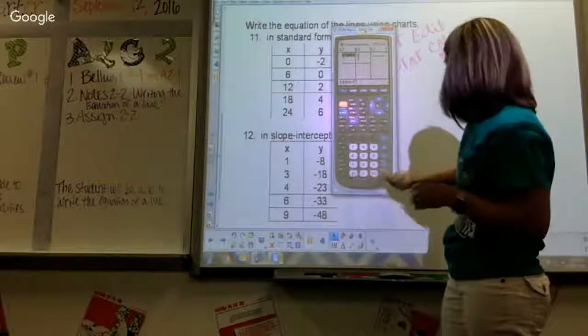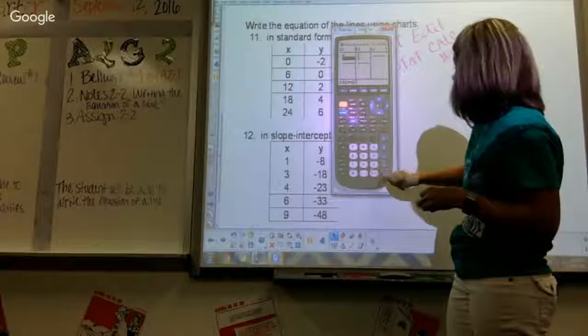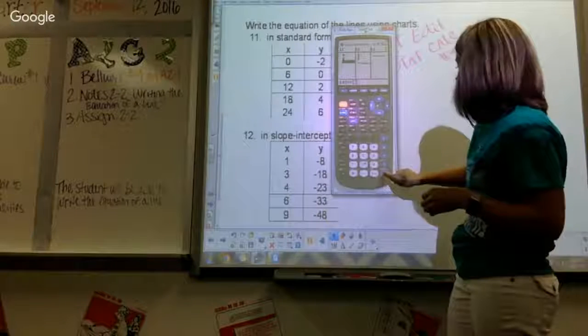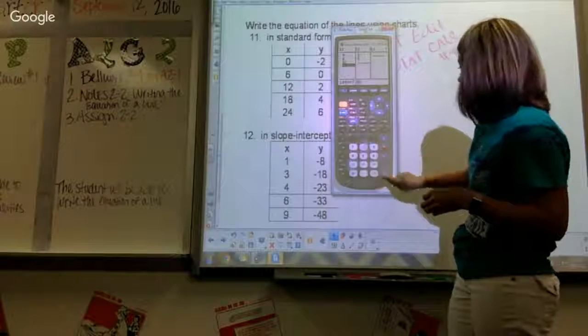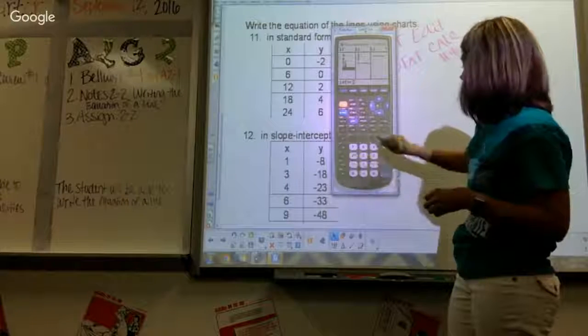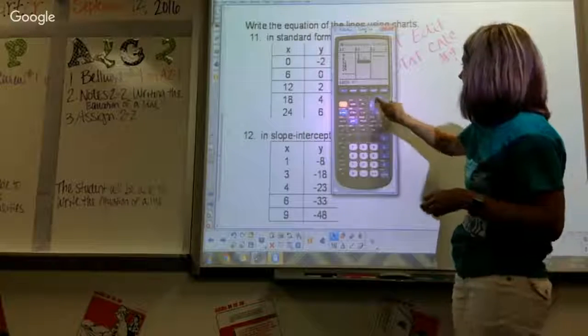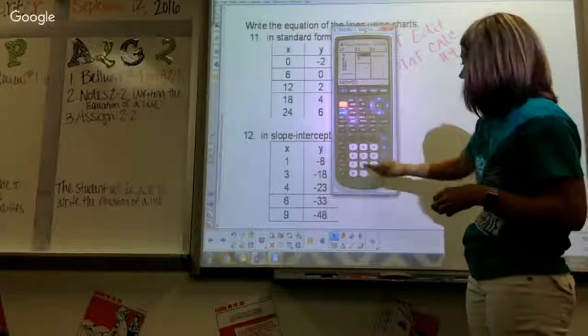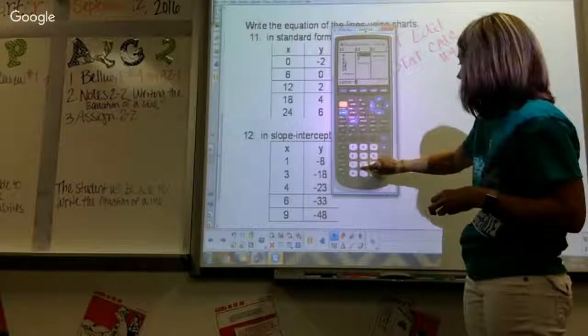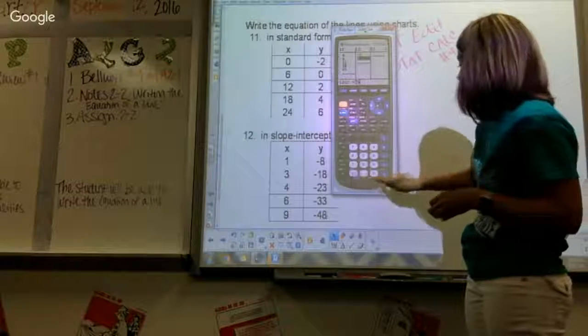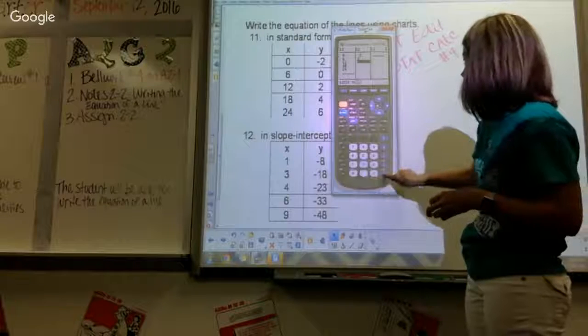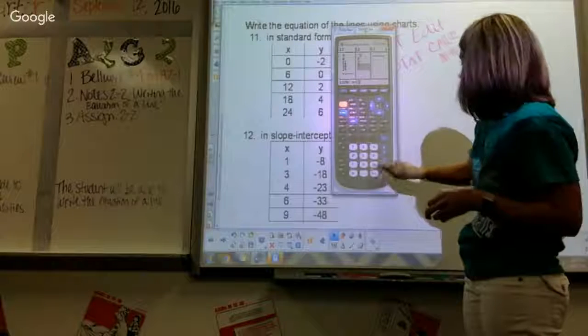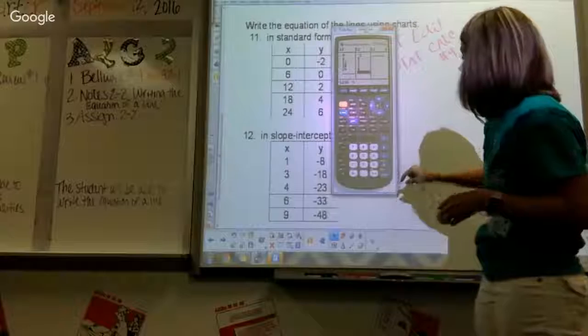So I have 0, 6, 12, 18, 24. And then L2 are my y values, negative 2, 0, 2, 4, and 6.